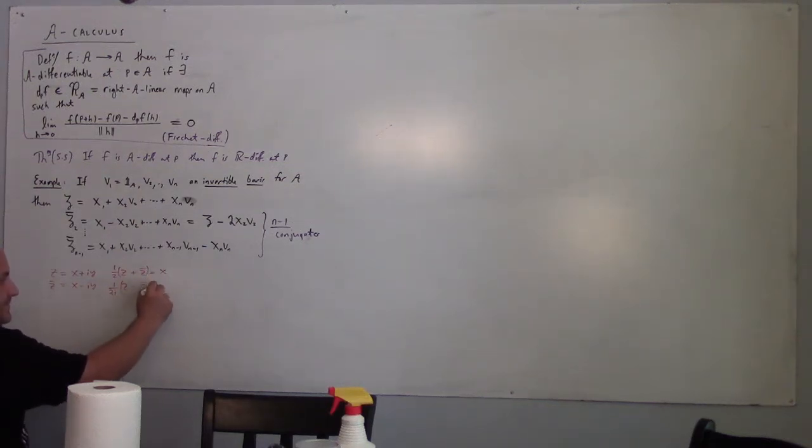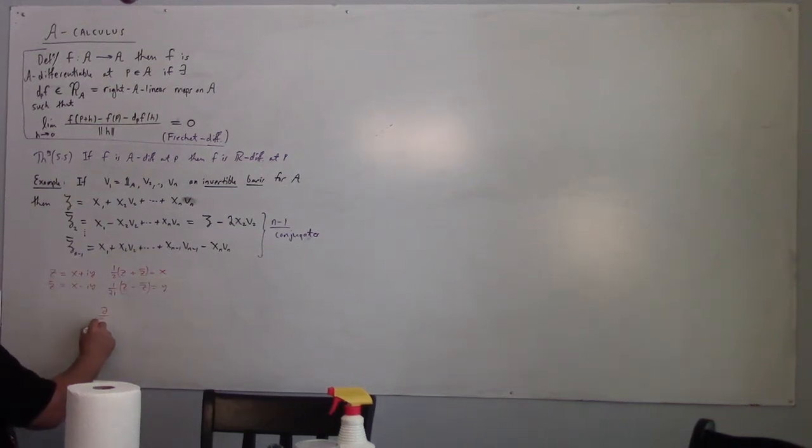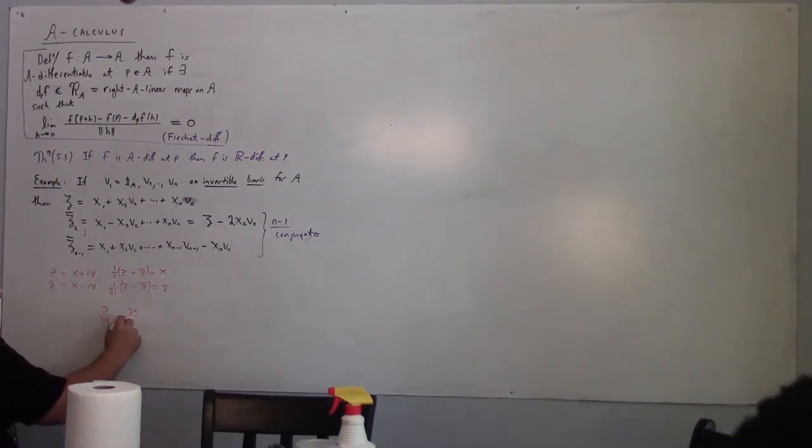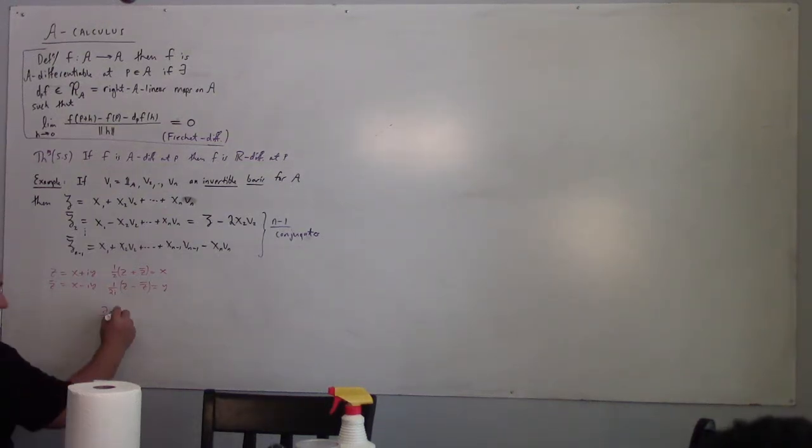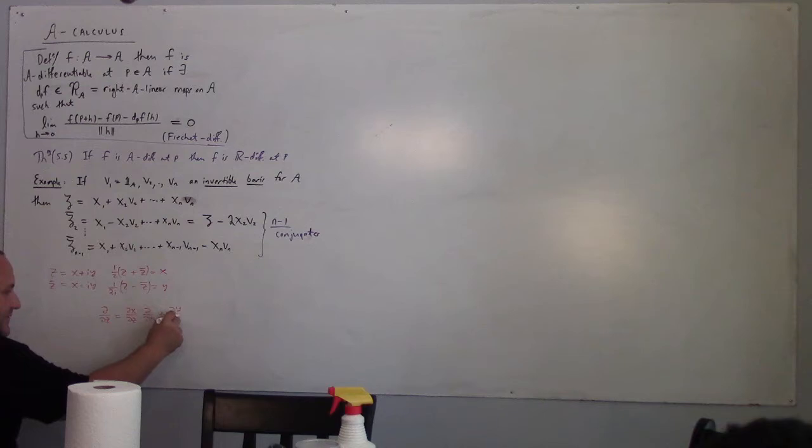Alright, so formally, partial z is like partial x, partial z, partial x plus partial y, partial z, partial y, right?